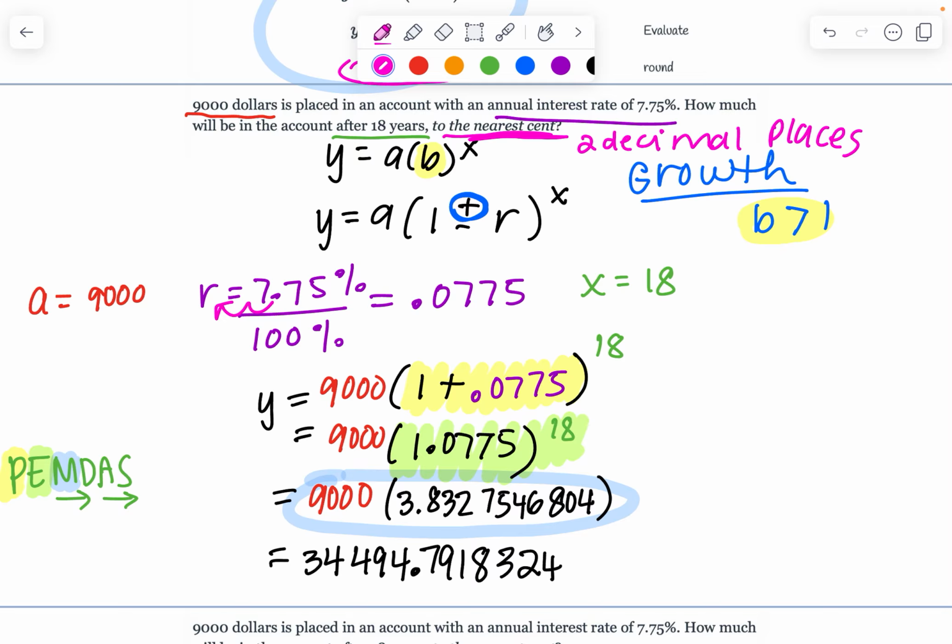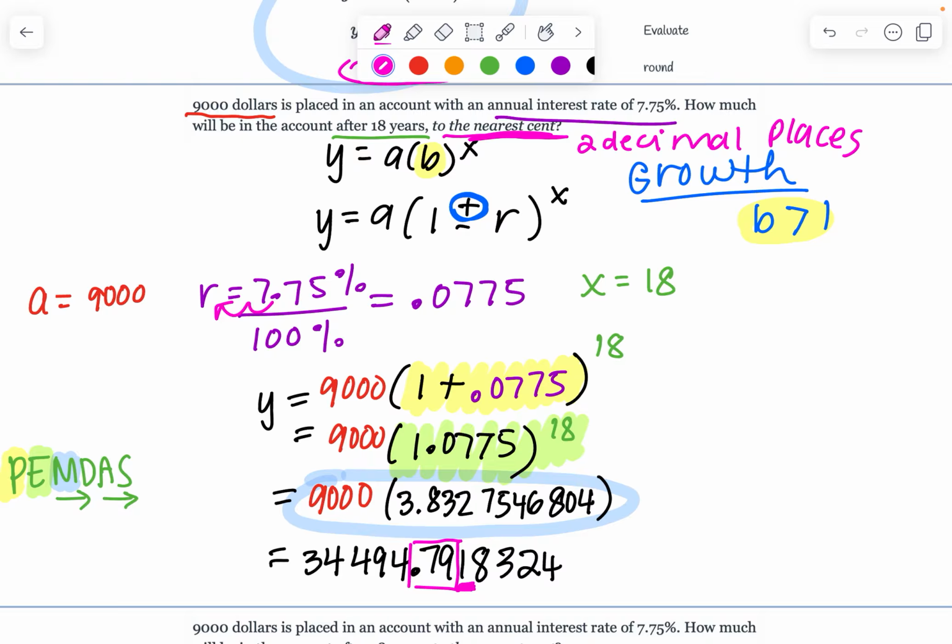So again, I find the decimal and I'm going to put a box around those 2. That's how many I need. I look to the next one over it, the one I'm underlining, and if that number is less than 5, I keep whatever's in the box. If the number outside of the box is 5 or bigger, I need to up that number 1 more. So right now, the number inside the box is 79 cents.